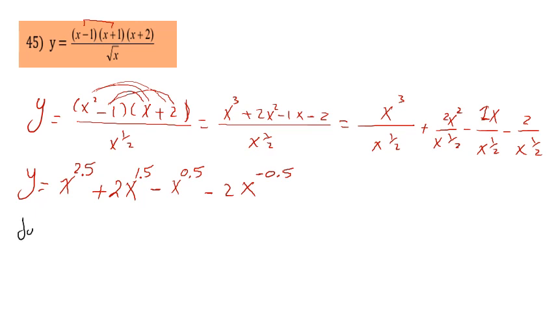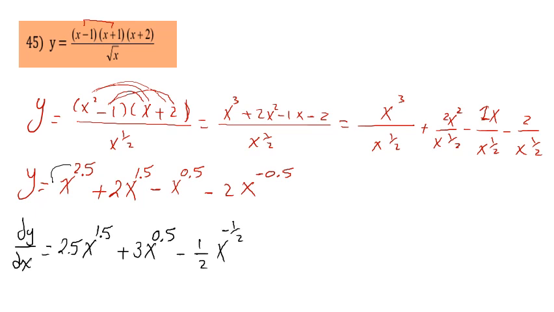So dy by dx is equal to, I'm going to put down the power, so 2.5, and subtract 1 from the exponent, so it's going to be 1.5, plus 1.5 multiplied by 2 is 3, subtracted from the power 1, so it's going to be 0.5, minus half, subtracted from half 1, it's negative half. Negative by negative is positive, and half times 2 is 1, but subtracting 1 from the power is going to be negative 3 over 2.